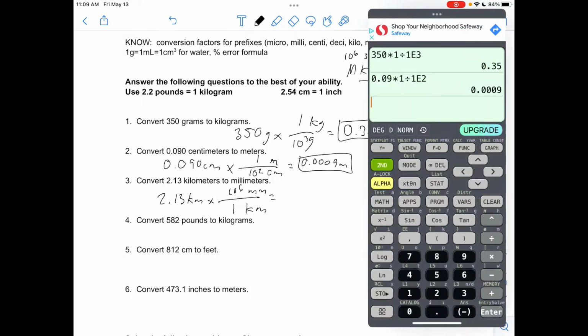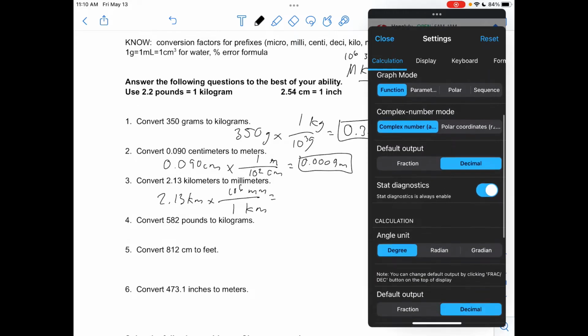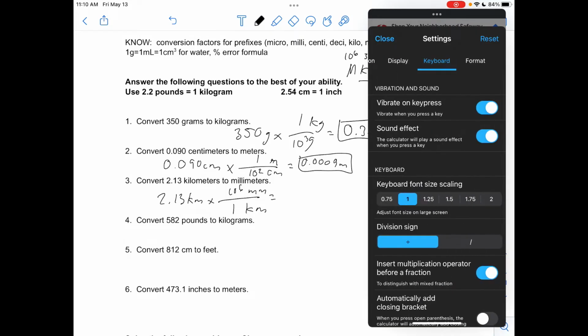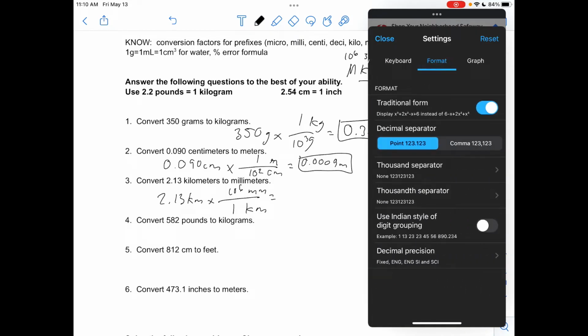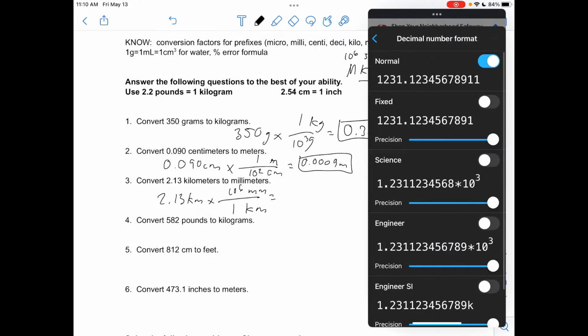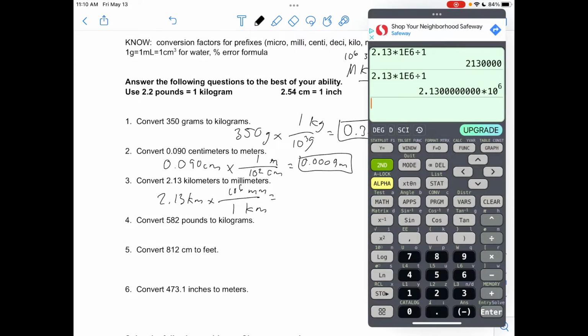I'm going to do 2.13 times 1E6 over 1, and that's this big number. I want it in scientific notation. So there we go, 2.13 times 10 to the 6th power.